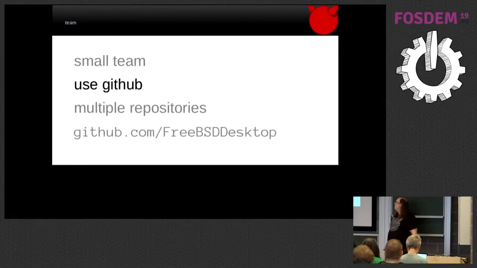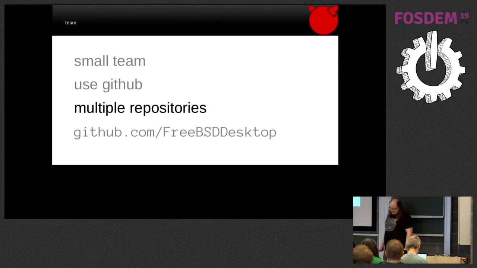So, the workflow: we use GitHub. We have a GitHub team, I think it's called in GitHub terminology, where we have our development repositories. We have a fork of the FreeBSD ports tree where we can have experimental updates, and a copy of the FreeBSD base tree for things that need to go into the base system eventually to support driver updates.